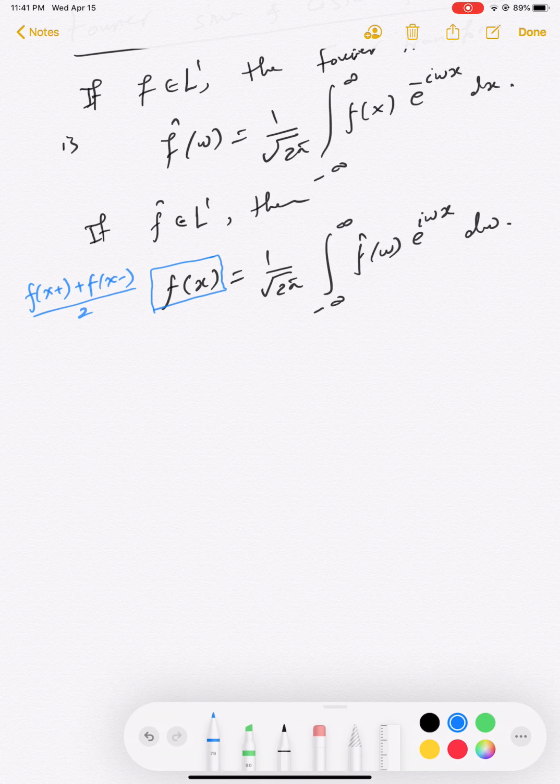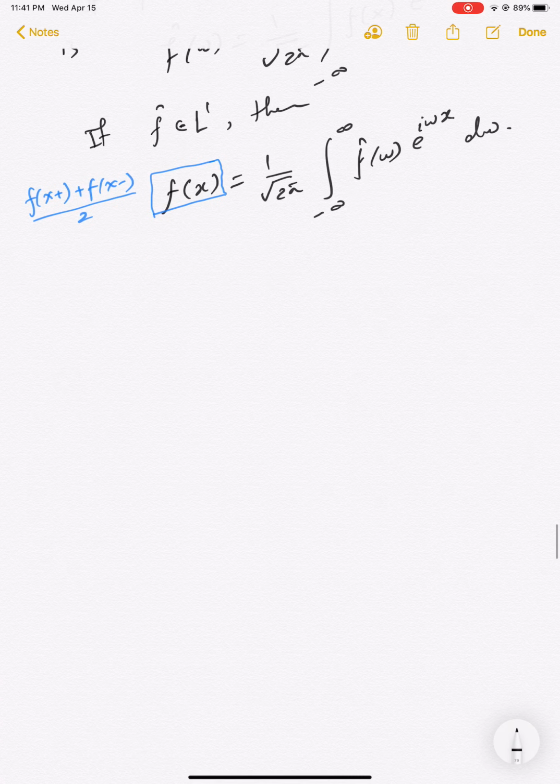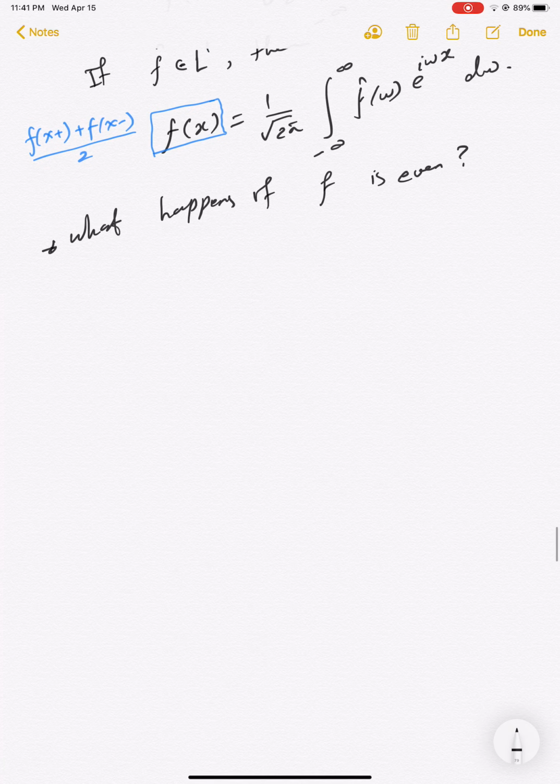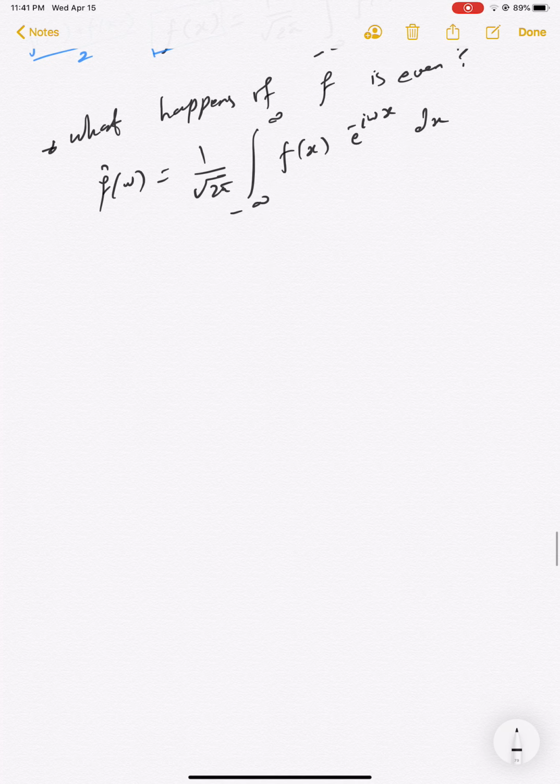Okay, so we want to see now what happens if the function f is even, for example. So if the function f is even, what is f hat of omega? It's 1 over root 2 pi integral from minus infinity to infinity f of x, this is the definition again, we have not added anything.